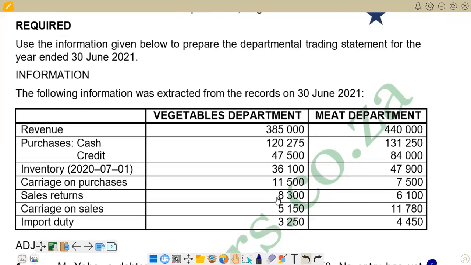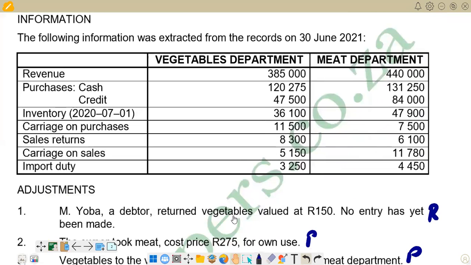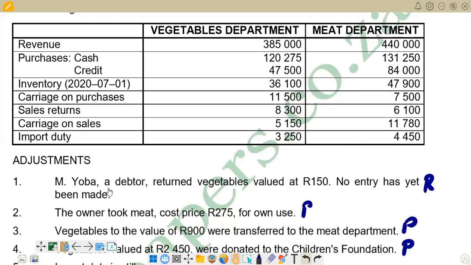And also we are going to subtract the 150 for vegetables. Remember, adjustment one is saying Mdu's data retained vegetables valued at 150 rands, no entry has yet been made. So these are returns that are going to reduce the amount of revenue.